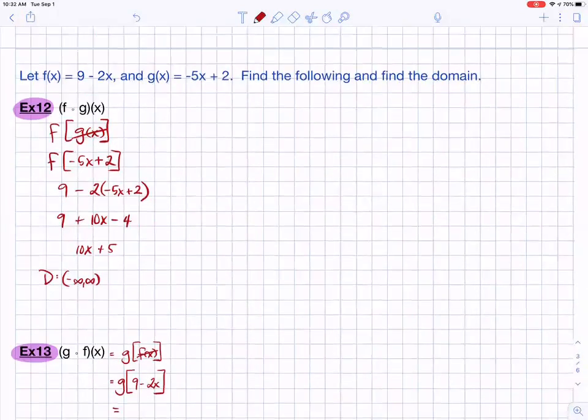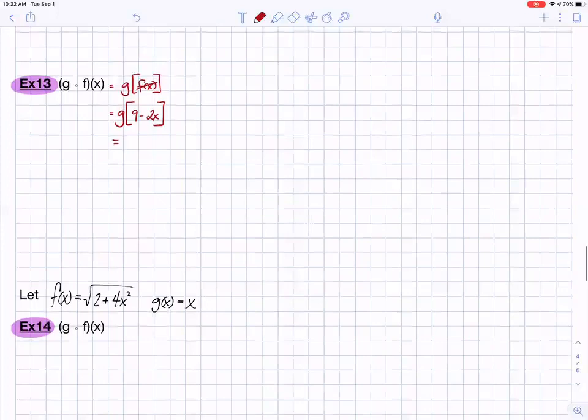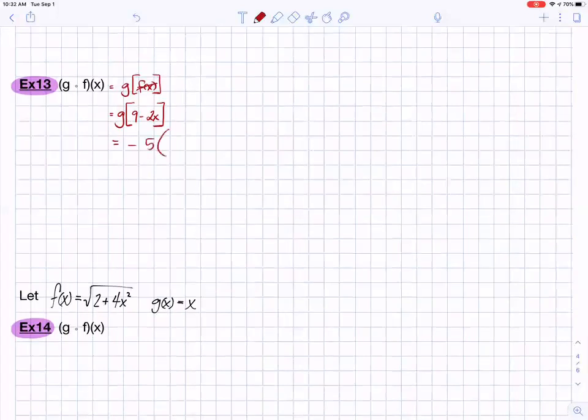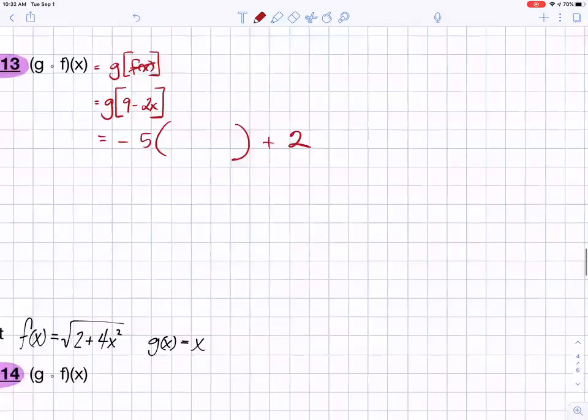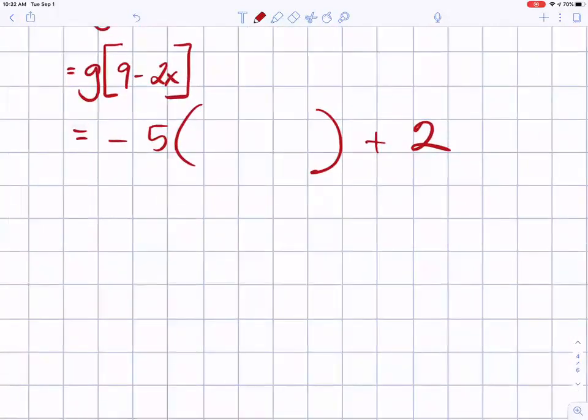Negative 5 plus 2. All right. So negative 5, there's my plus 2. And what goes in for that? 9 minus 2x. Okay. So let's clean it up. Got negative 45. Keep going.